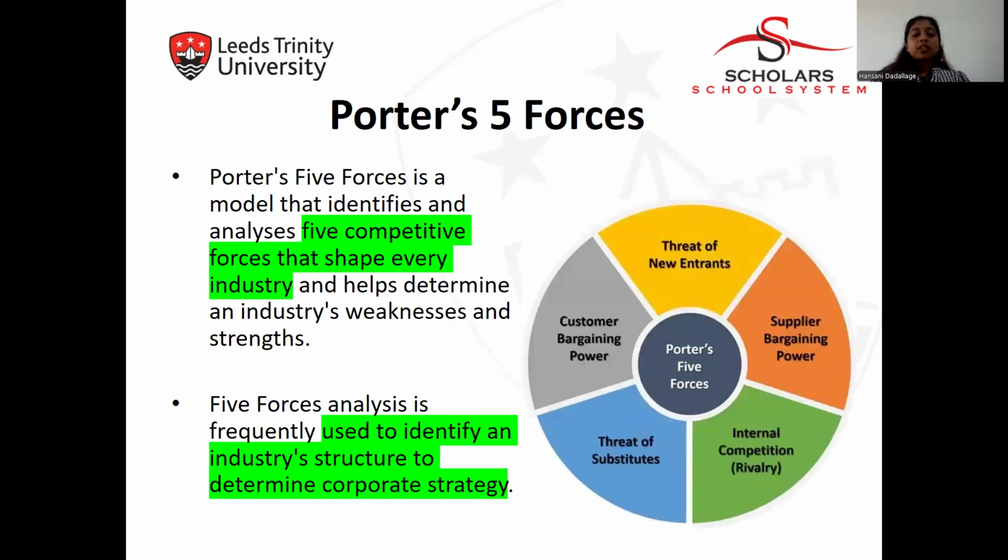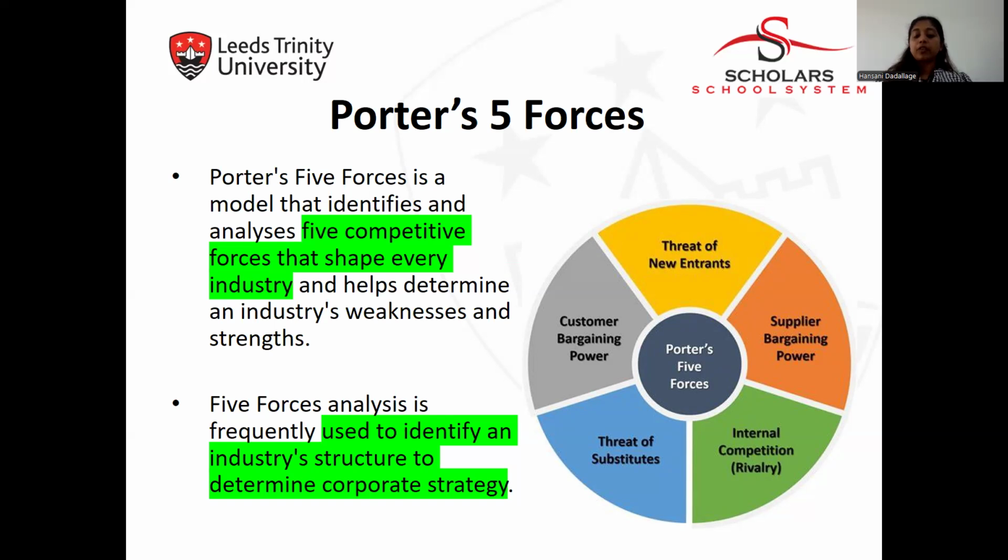Now let's move on to Porter's five forces model. Porter's five forces model is a model that identifies and analyzes five competitive forces that shape every industry and helps determine an industry's weaknesses and strengths. There are five forces put forward by Porter.